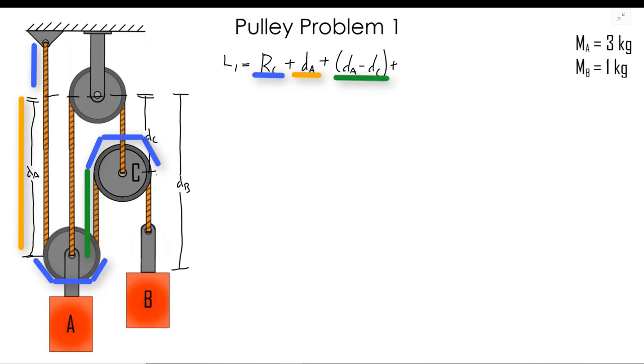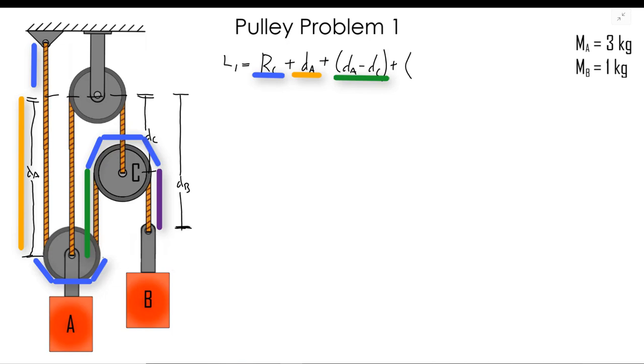And we're also going to add in this length as well, because we have another rope constant right there that we're going to jumble into there. So anyway, this length in the end, really, we should make that dD. So it makes more sense to measure it from here because we're measuring the rope in the end.